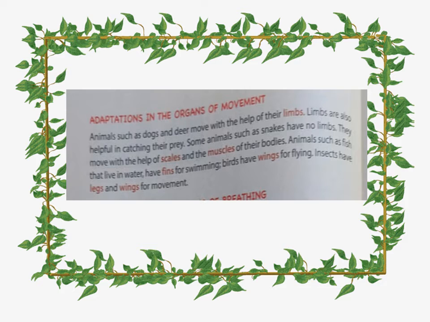Animals such as fish that live in water have fins for swimming. Birds have wings for flying. Insects have legs and wings for movement. Got it? Here we saw the adaptation in organs of movement.